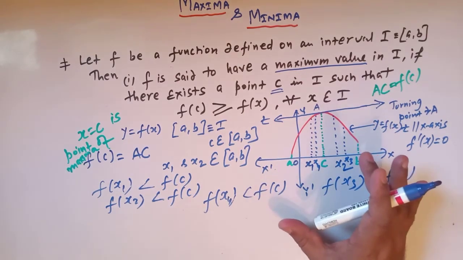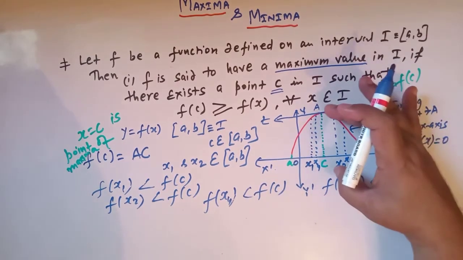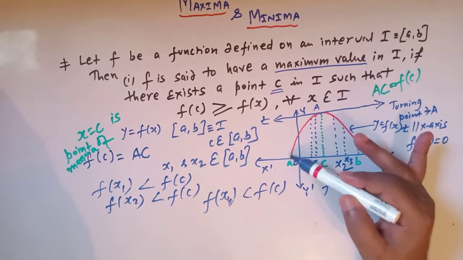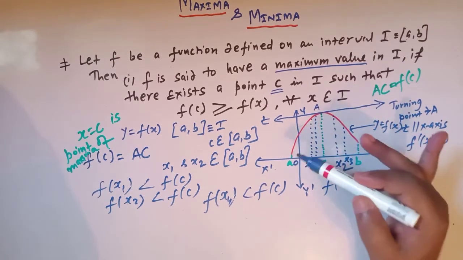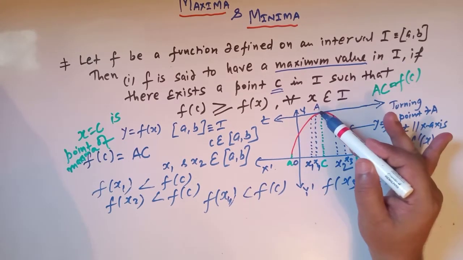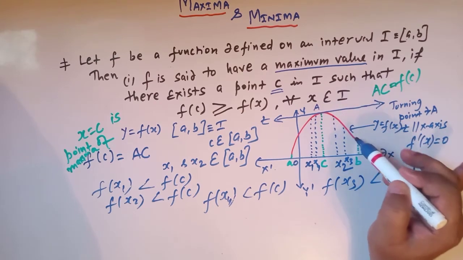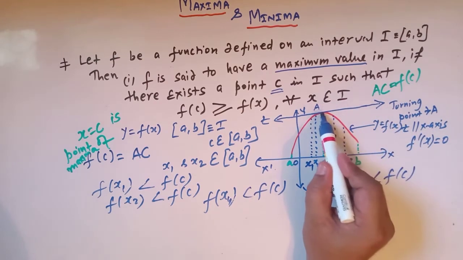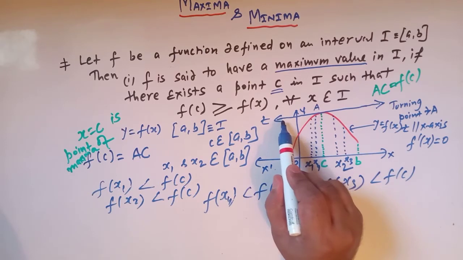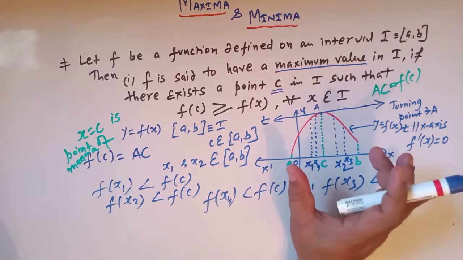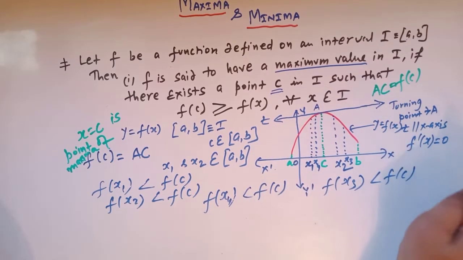So this is the formal definition of maxima. Here we see that A is the turning point. From this point to this point the graph increases, and after reaching the point A, the graph tends to decrease. This point A becomes the turning point or the stationary point, and at this point the derivative is 0.